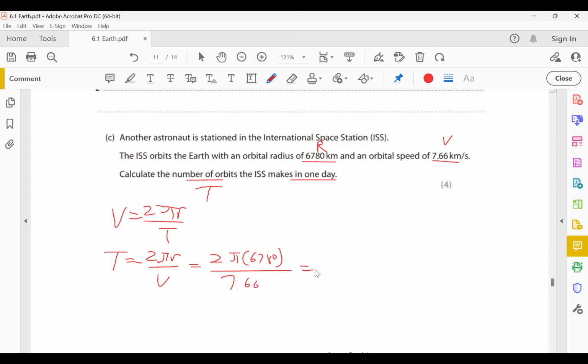Press this in your calculator and you'll get an answer in seconds. 5661 seconds. You need to use the raw number for this one. 5561 or 5661? Check your calculator.